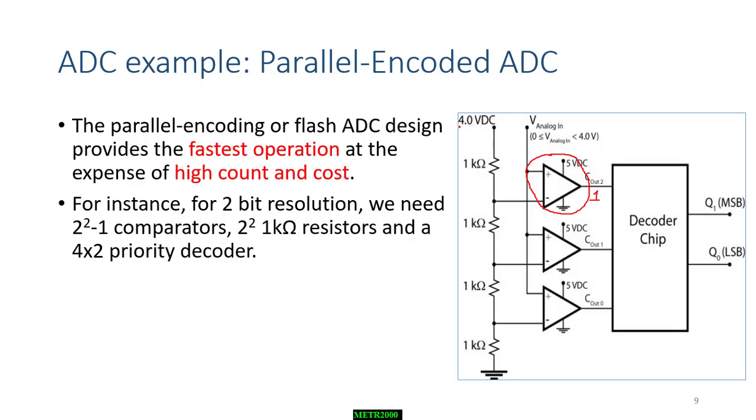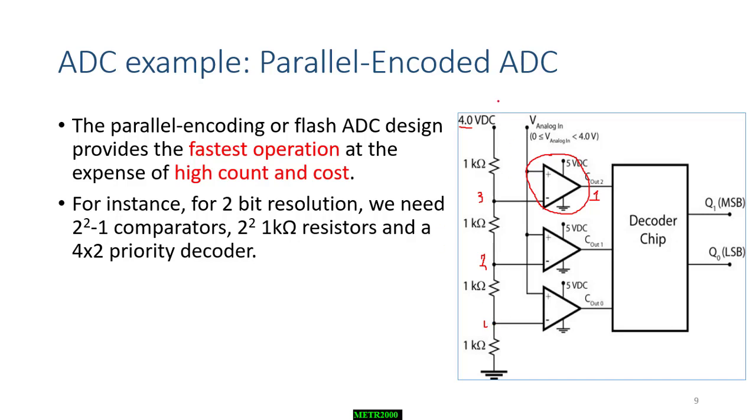This is 4 volts and this is a voltage divider. So after the first kilo ohm, this will be 3 volts, this will be 2 volts, and this one will be 1 volt, based on the voltage divider rule.